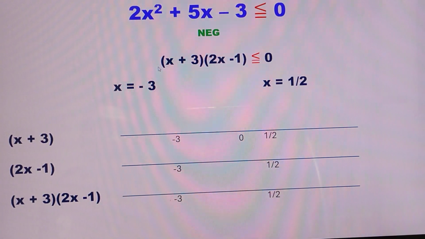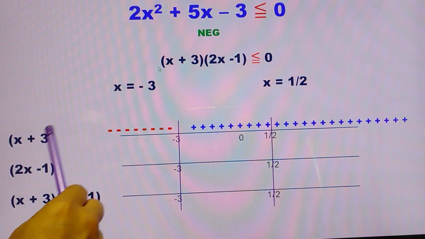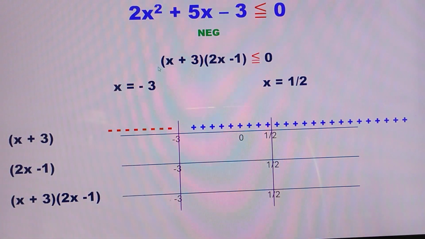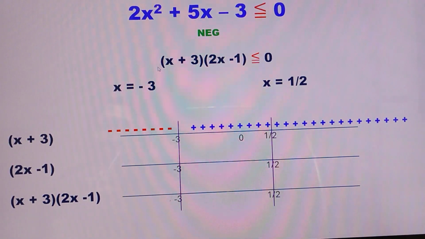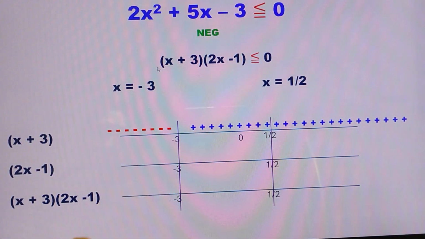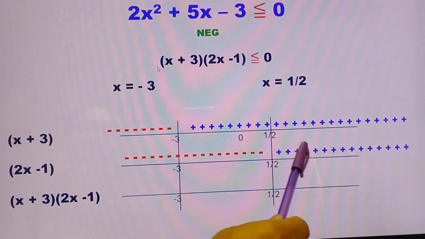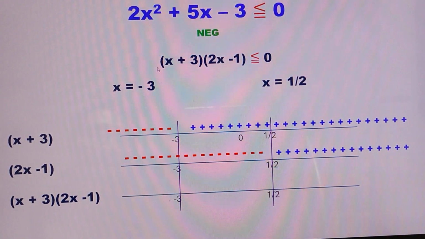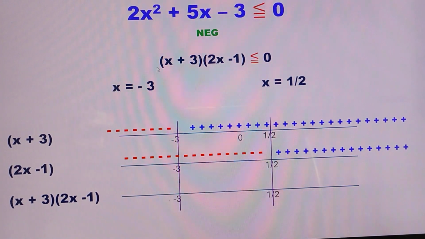For the first factor, before minus 3, this expression is going to be negative, and after minus 3 it's going to be positive, because exactly in minus 3 it's going to be 0. For the second factor, this is going to be negative before a half and positive after a half. Just in a half it's going to be 0.